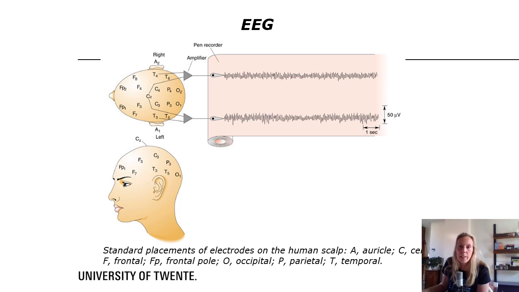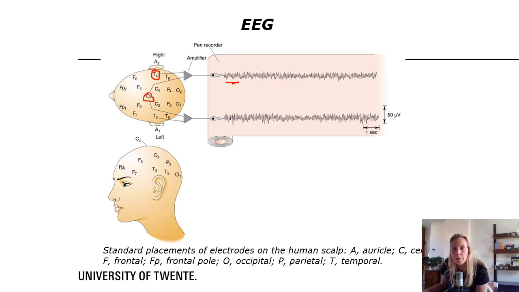So the EEG measures the potentials on the brain, electrical activity on the brain. And for this you always need 2 points. So for example, this is an old-fashioned EEG recorder that measures, in this case, this signal is being recorded by the difference between this position, this is an electrode on the head, and this position.